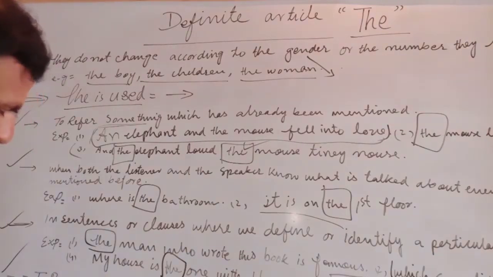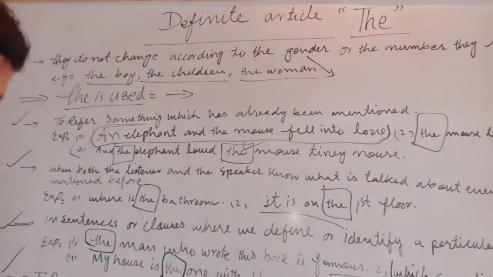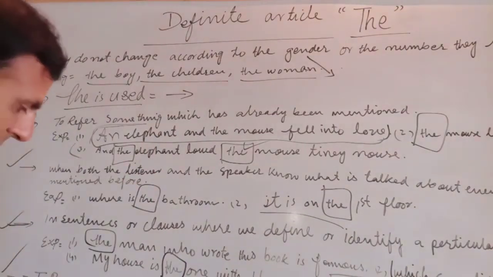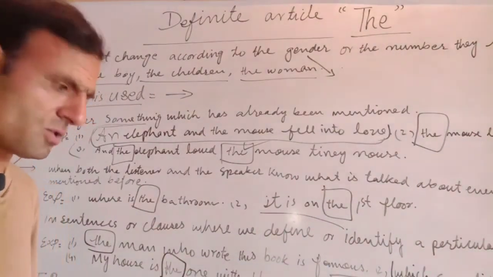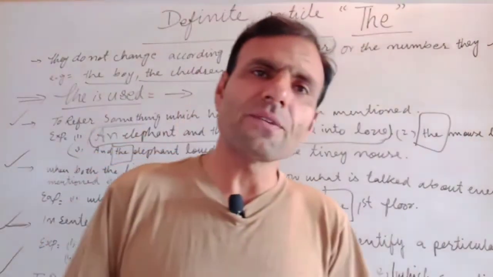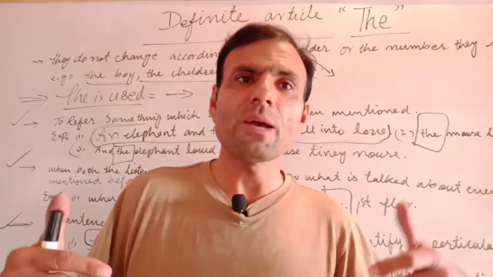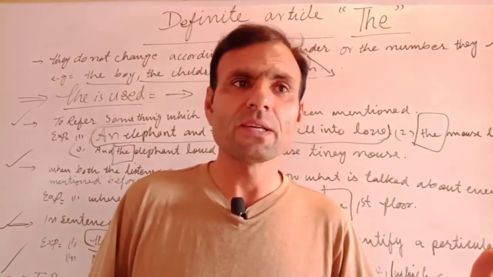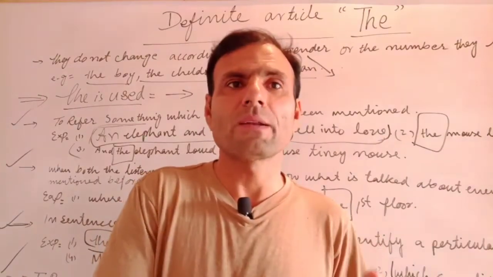Okay, with adjectives to refer to groups of people. For example, the Japanese, the Chinese, the Bengalis, and so on. This is for the adjectives. We can use the definite article the with adjectives. Japan is the name of a country. Japanese are the people who live in Japan.